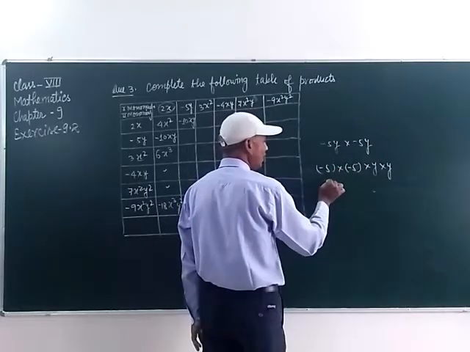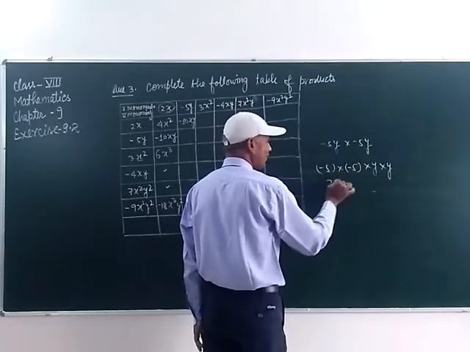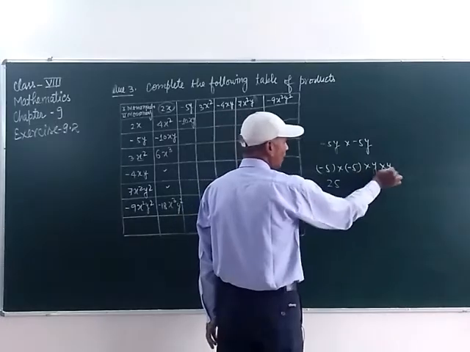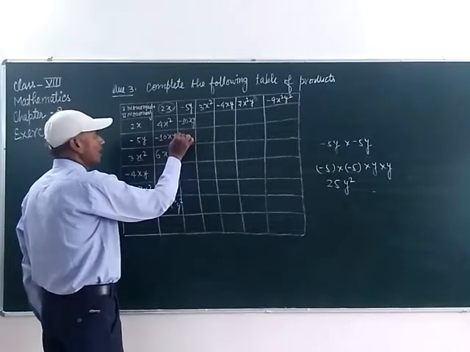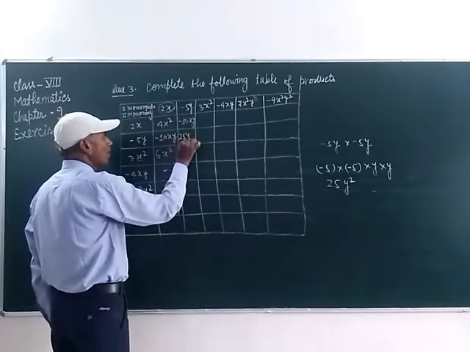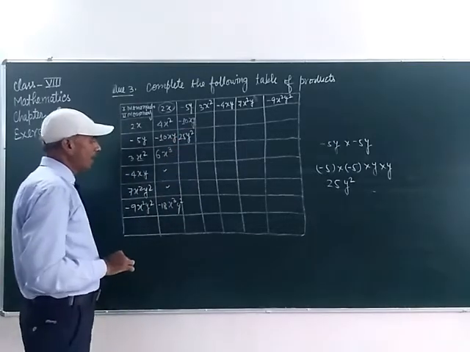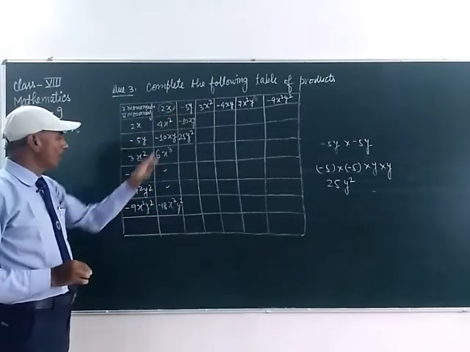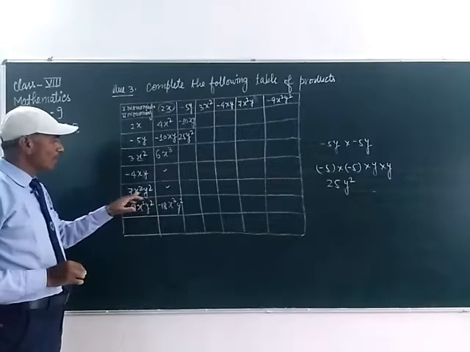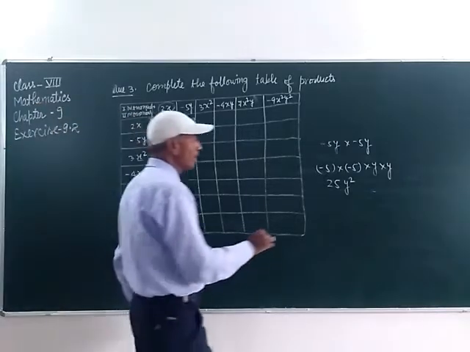So 5 5s are 25, plus 25, y into y is y square. So in this it will be 25y square.